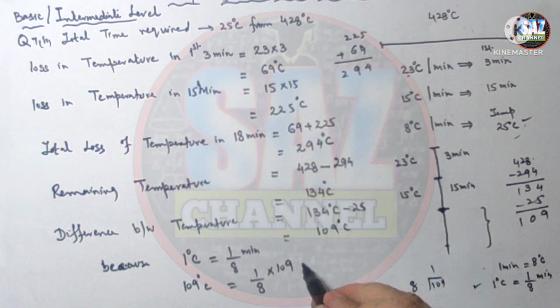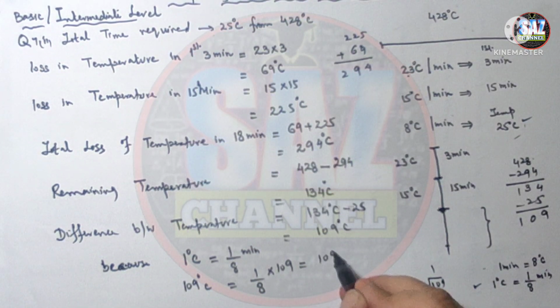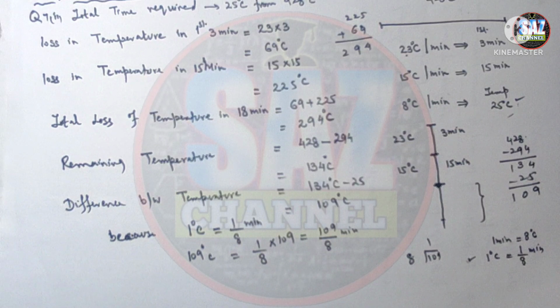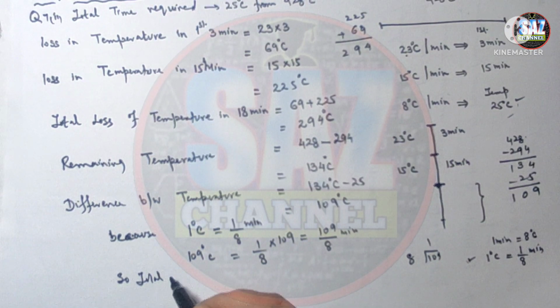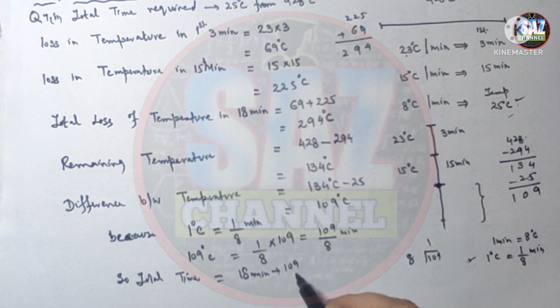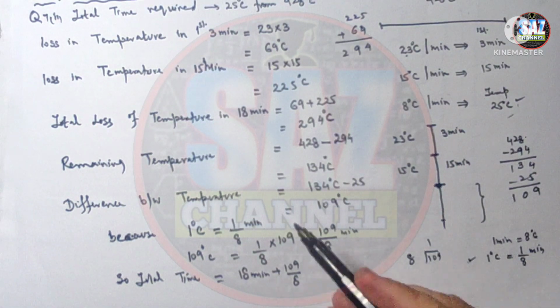1 over 8 times 109, and now we can leave it as it is, 109 by 8, and we have to find the total time needed. So total time will be equal to 18 minutes plus 109 by 8. Okay, 18 plus 109 by 8 minutes.